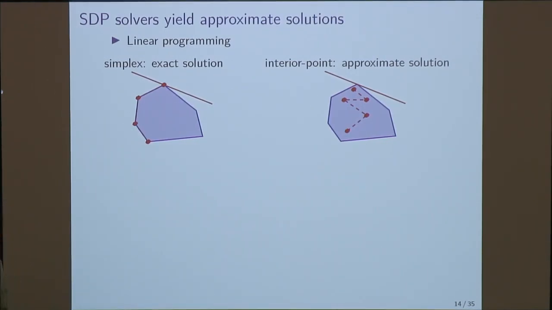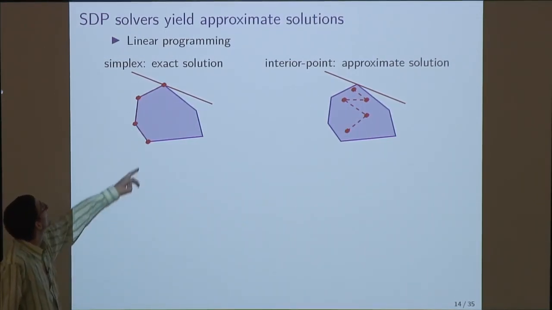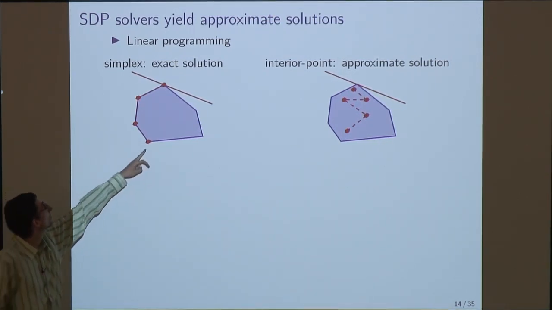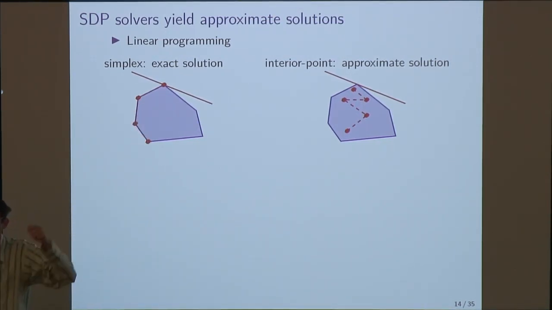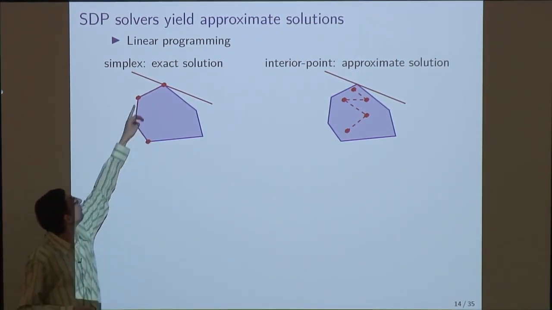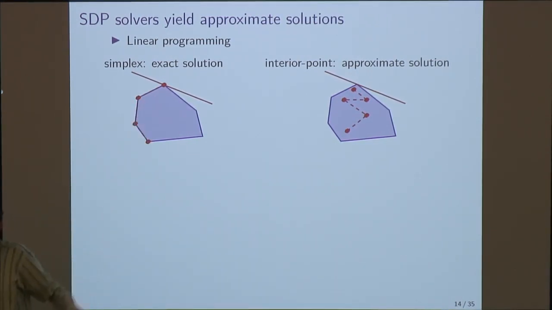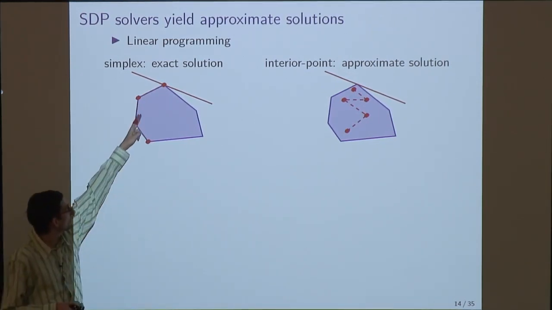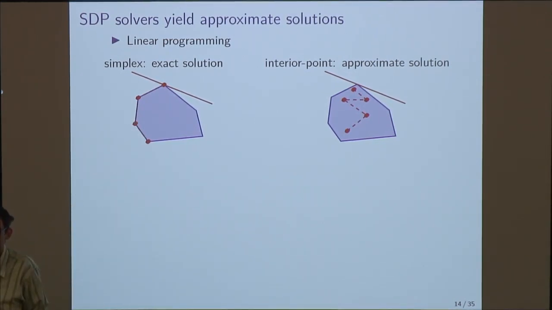It's hard to know when. The idea of the simplex is to wander on all the vertices of the polyhedron you're trying to optimize on. And at some point, you will get an optimal value on one of the vertices, and you're done. And so when you stop, you get an exact solution.